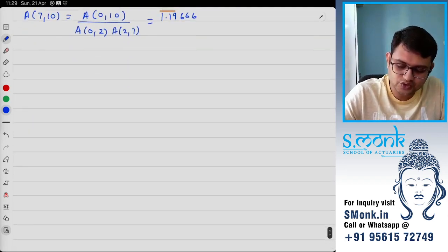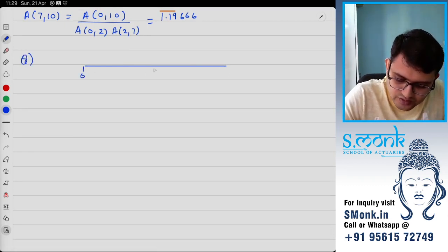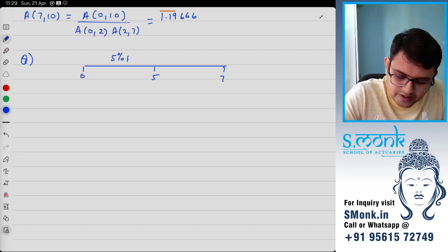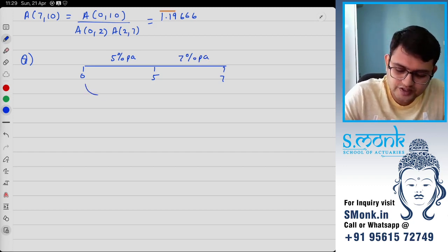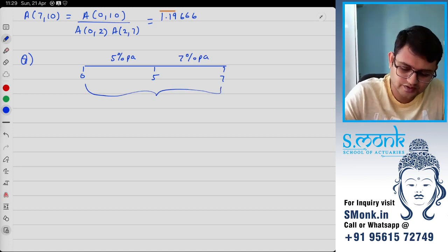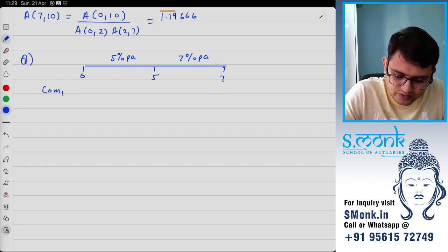So if everything is known to us, let me make up a question. If I say that 5% per annum and 7% per annum is given interest at this time, what is the rate of interest from 0 to 7? Okay, so I'll say all of these are compound.